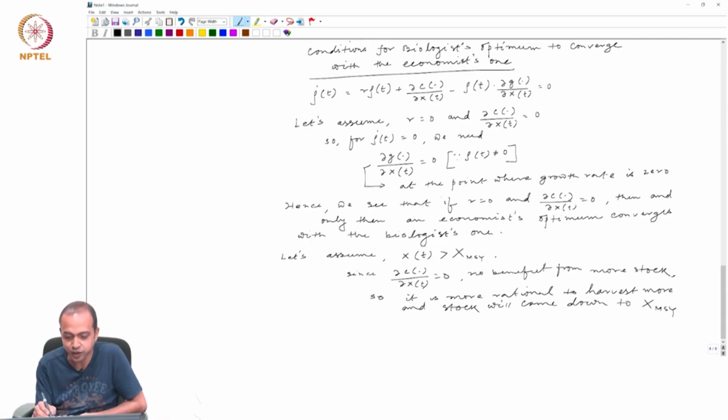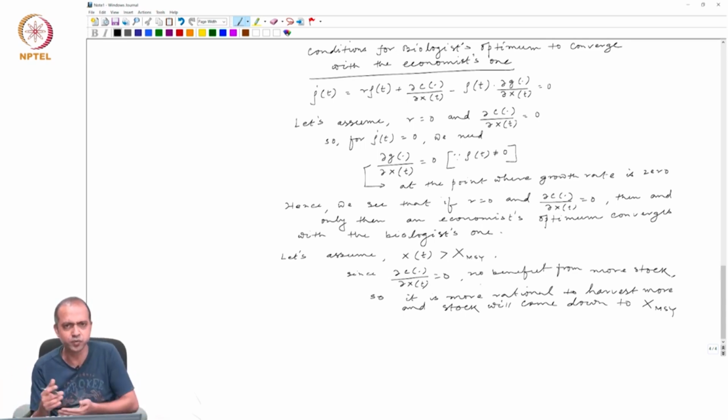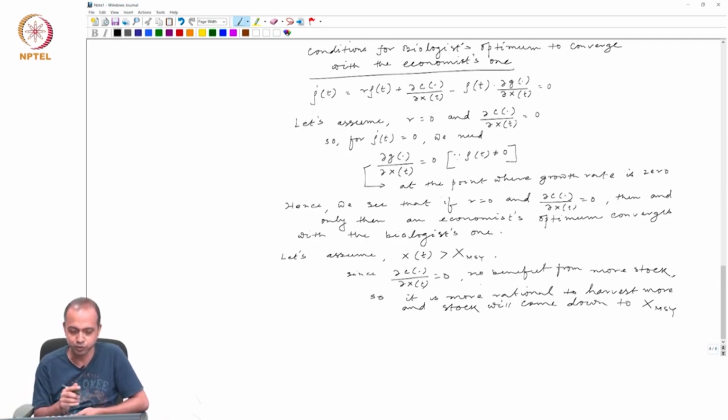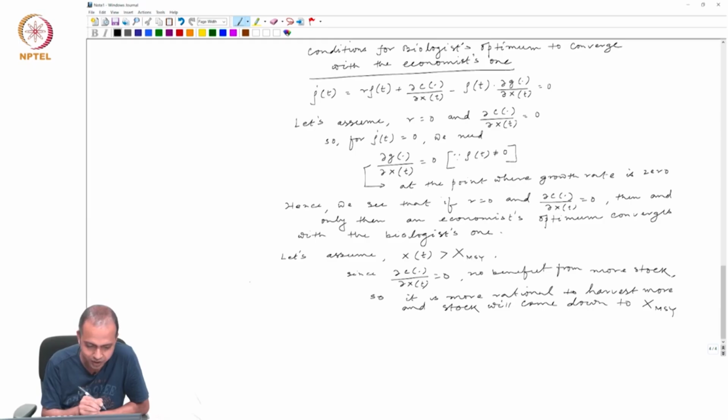So, if at any point of time the stock is more than this, since there is no stock effect on cost of extraction, it is better to harvest more and more, and the stock will come down to this.